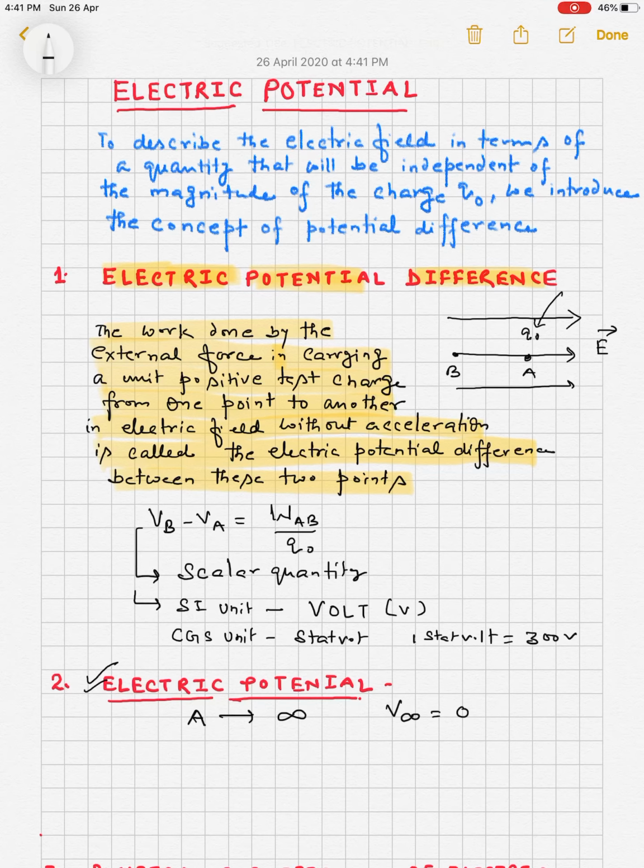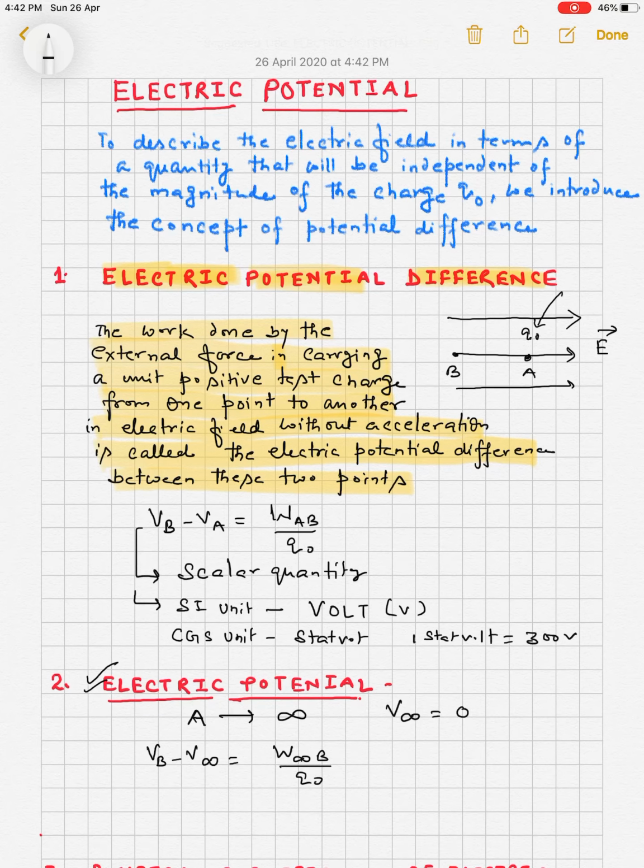There are two reference levels at which the potential is considered to be 0. One is infinity and another is earth, the surface of the earth. So accordingly the above relation becomes V_B minus V_infinity is equal to W_infinity-B upon Q naught.